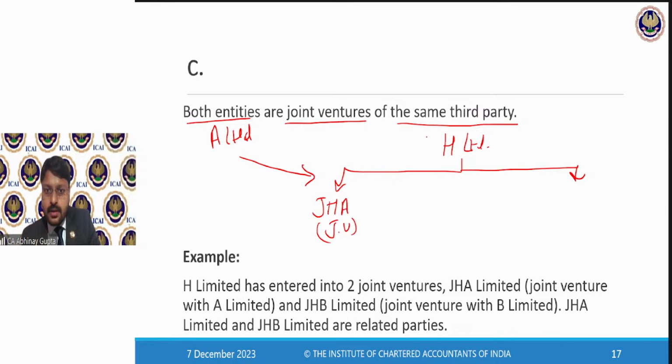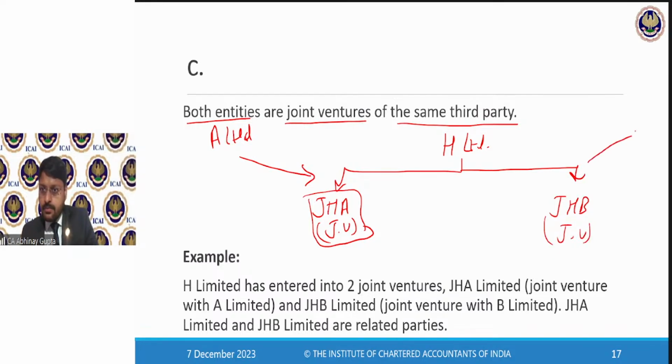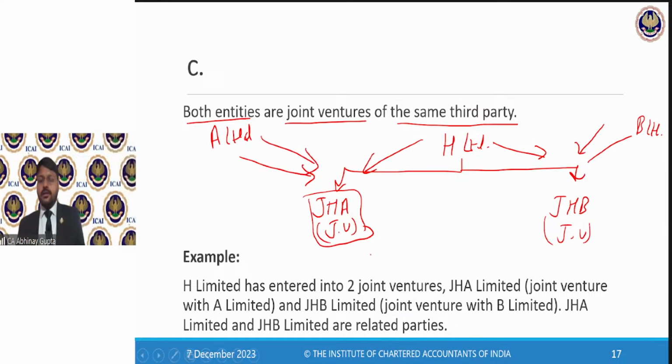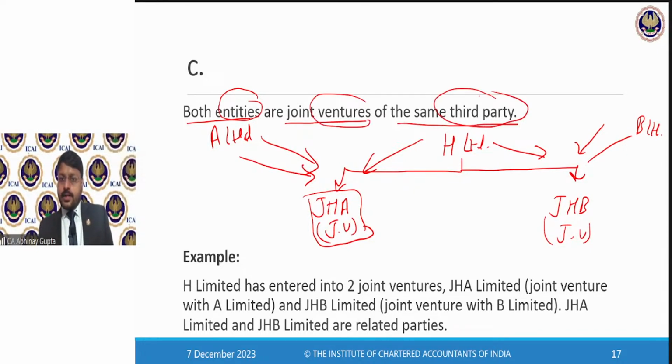So A Limited and H Limited are having this joint venture, and JHB Limited is happening with B Limited. So B Limited and H Limited are having this JV together, and H Limited and A Limited are having this joint venture together.